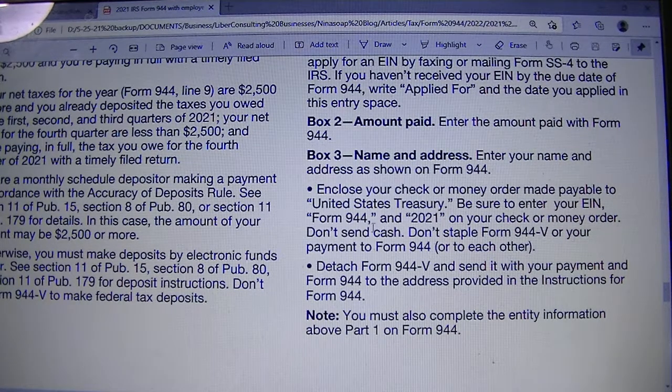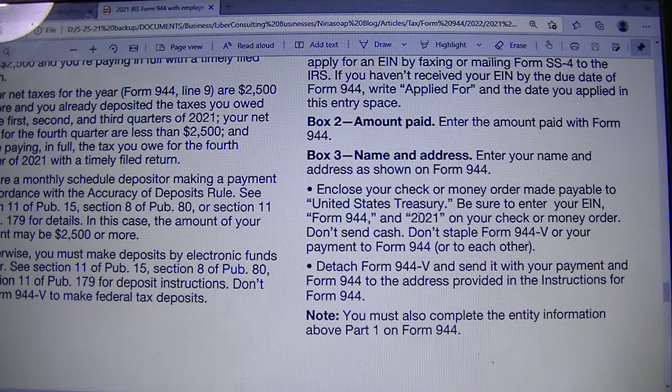And then below you'll write the dollar amount in letter form, if I'm saying it right. Then below that line you'll put Form 944 for 2021, and then you will put your business EIN number, which is extremely important. So you have four pieces of information to put on your check in addition to the dollar amount.